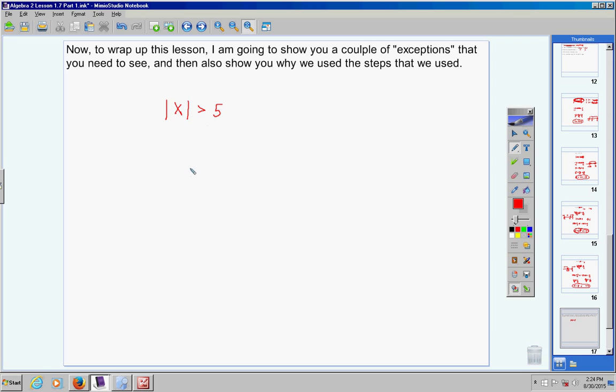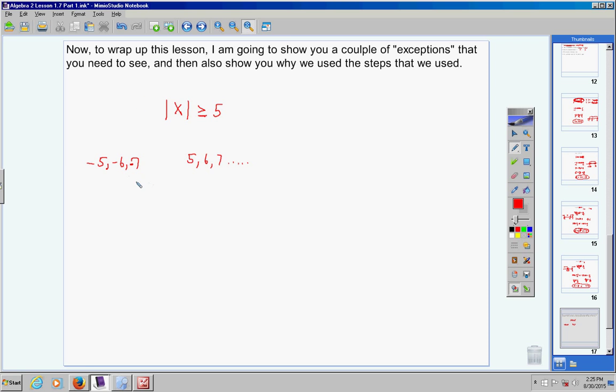Well, you could put in 5, 6, 7, dot, dot, dot. 5 is greater than 5, 6 is greater than 5, 7 is greater than 5, but you could also put in negative 5, negative 6, negative 7, because a positive 5 comes out of negative 5, a positive 6 comes out of negative 6, a positive 7 comes out of negative 7. So all of these numbers here would also work.